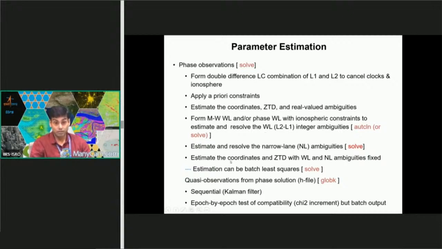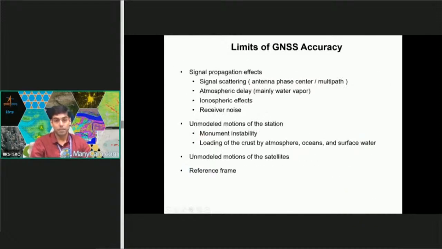Then we estimate the coordinates. Then we make the batch, and we apply least squares to get the loosely constrained solution. And then we get the H files, and we apply these H files in the GlobK software, and we get the continuous time series of our observations. And then we do the interpretation.